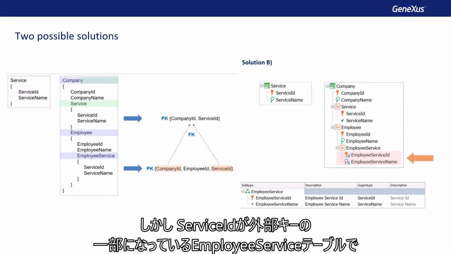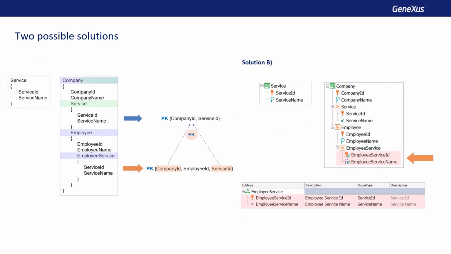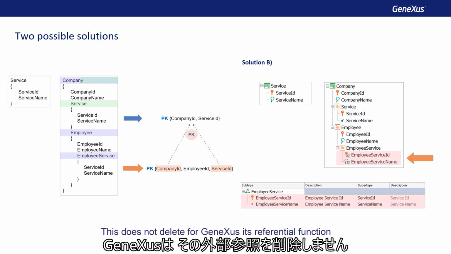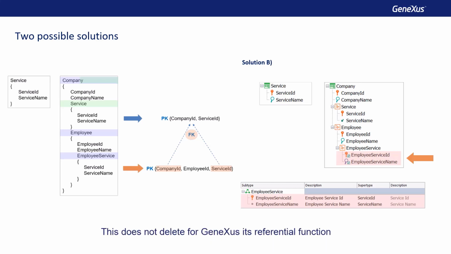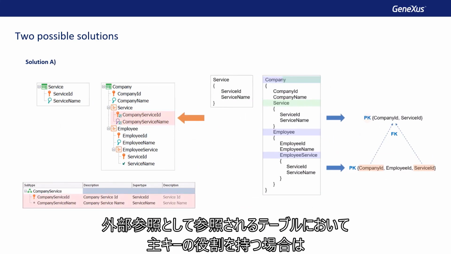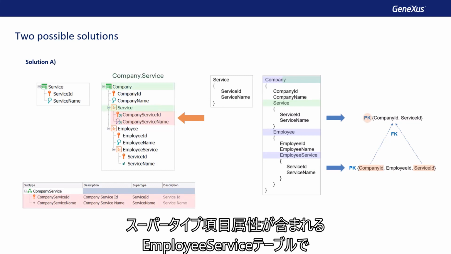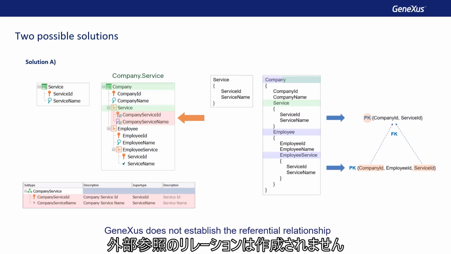But if we change the name with the subtype of service ID in the table in which this attribute is part of a foreign key, for GeneXus, this doesn't delete its referential role. On the other hand, if the attribute to which we change the name, using a subtype, is the one that plays the primary key role, then in the table in which the supertype attribute appears, it does not establish the referential relation.